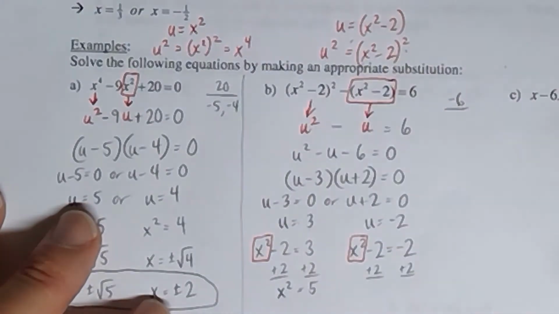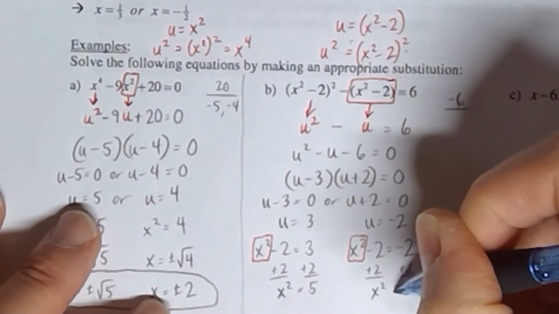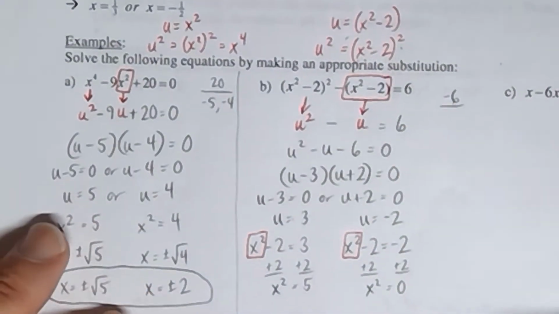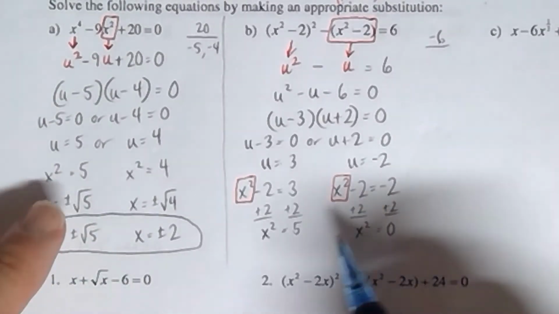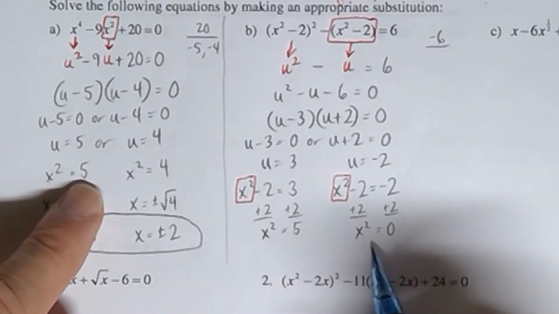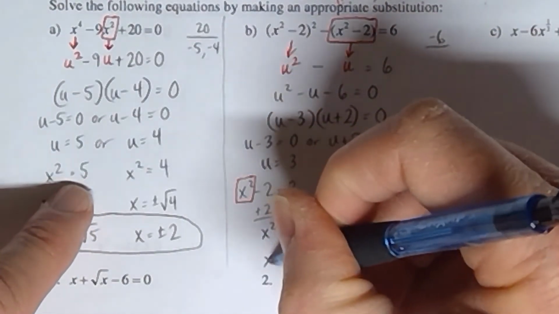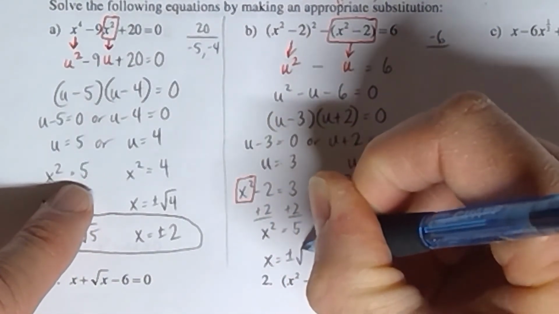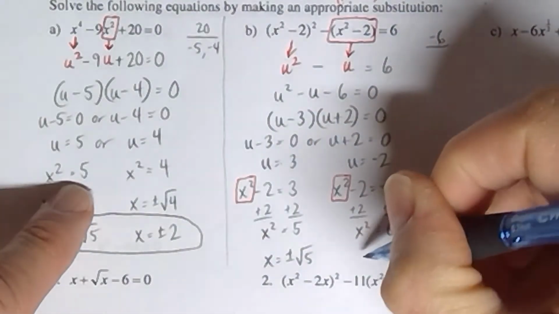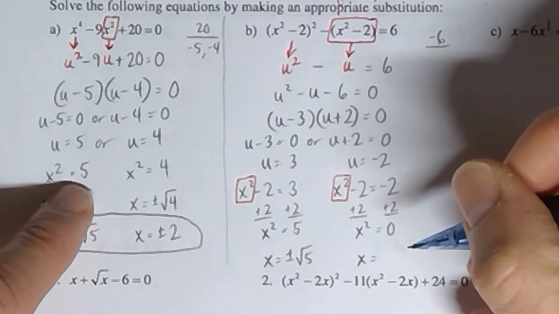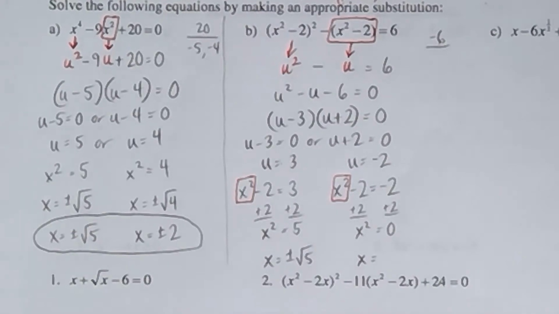I get x squared equal to 5 and x squared equal to 0. So just like the last problem, I've got x squared equal to a constant on both of these. So I do the same thing. I've got x is equal to plus or minus square root of 5. And I've got x is equal to plus or minus square root of 0. But what is the square root of 0?